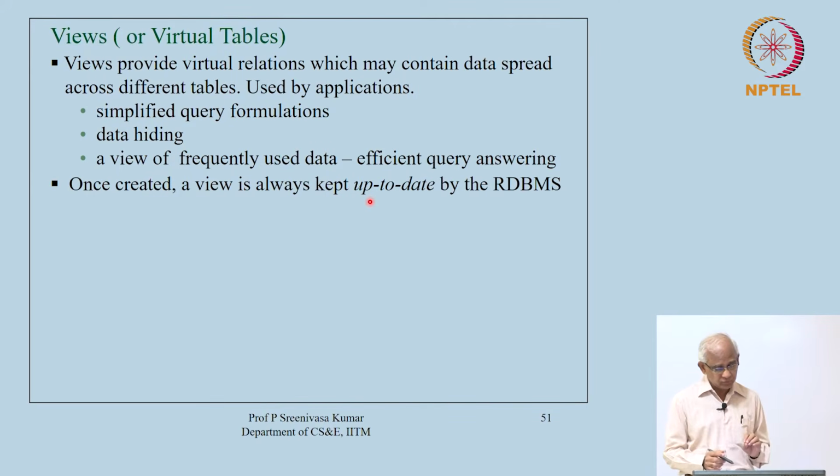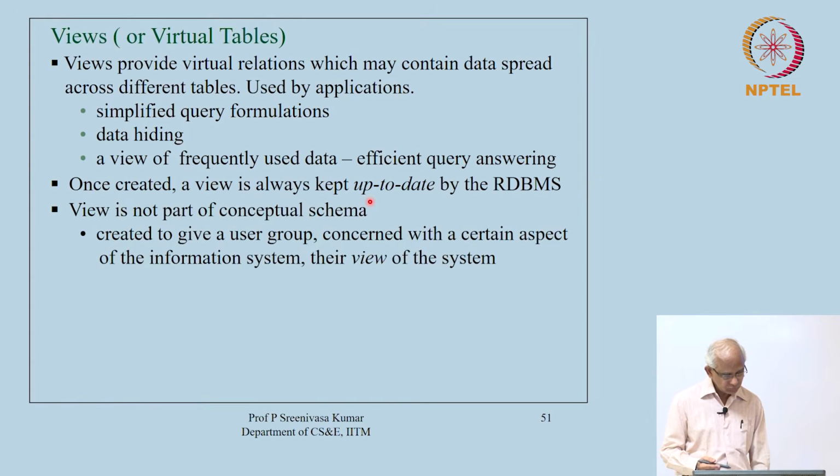So, once we declare something as a view, we can always assume that it is accurate, because the RDBMS takes the responsibility of keeping it up to date while changes happen on the base tables. I have already mentioned that views are not really part of the conceptual schema, but are created to give a particular user group, concerned with a certain aspect of the entire enterprise, their view of the system.